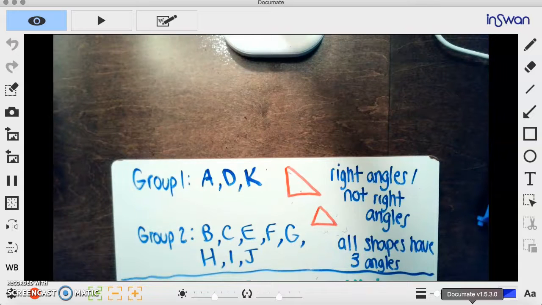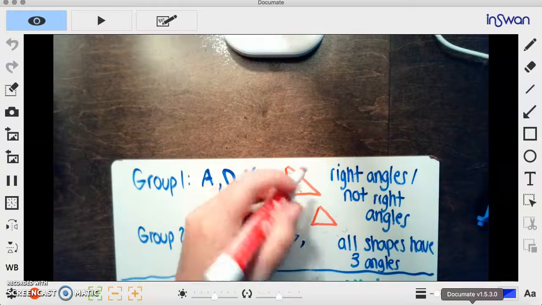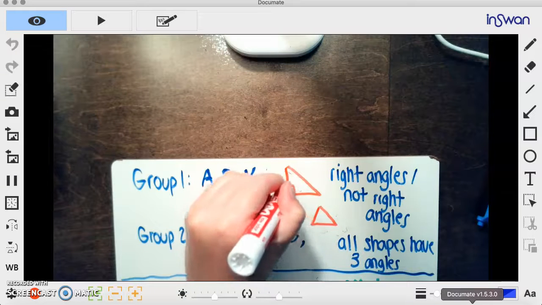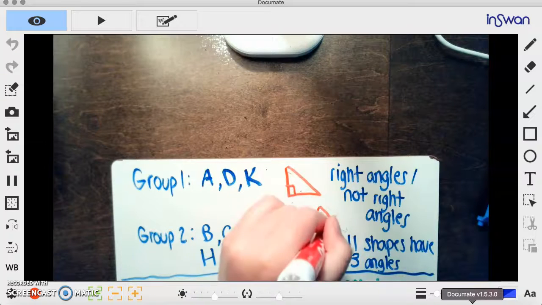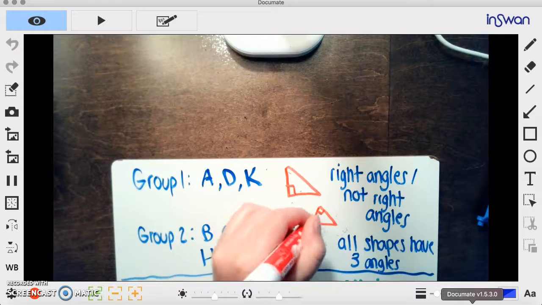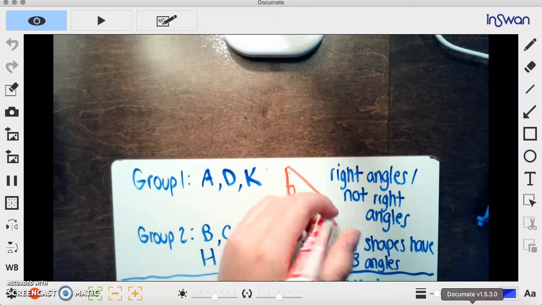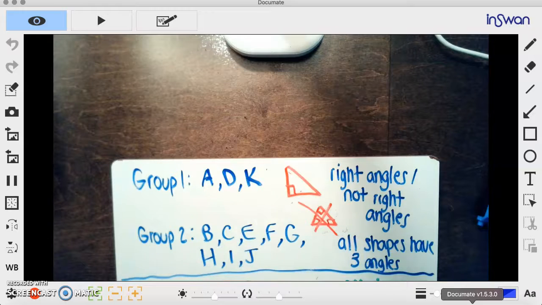I sorted them by if they have right angles or not right angles. So a right angle just means that I can put a little square in the corner and it will work. On a triangle like this, I'm more so making a little diamond than a square. So these ones do not work. These ones have the right angles. And the similarity between them is all these shapes have 3 angles. So regardless if it's right angles or not right angles, they all have 3 angles.